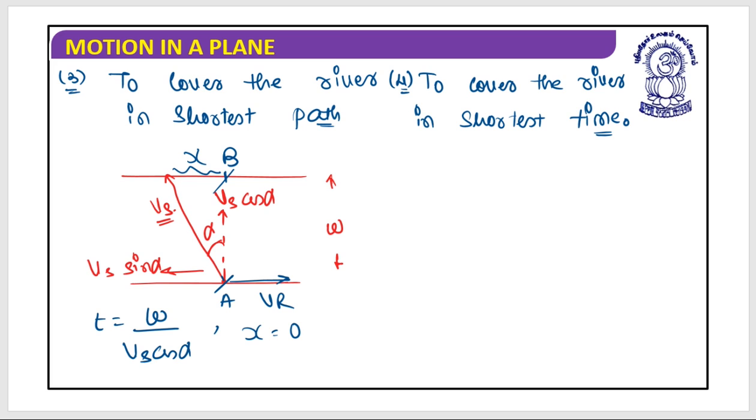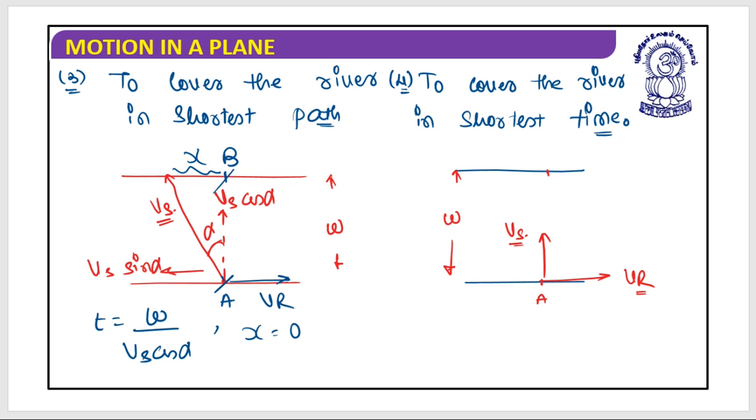How could you do this? This is the width of a river, this is W, and from here you should start. This is flow of a river, this is VR, and you need to jump directly perpendicular to the VR.